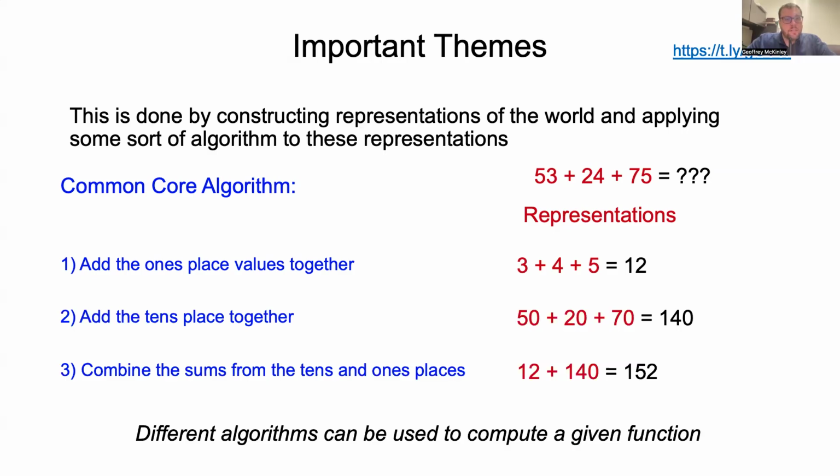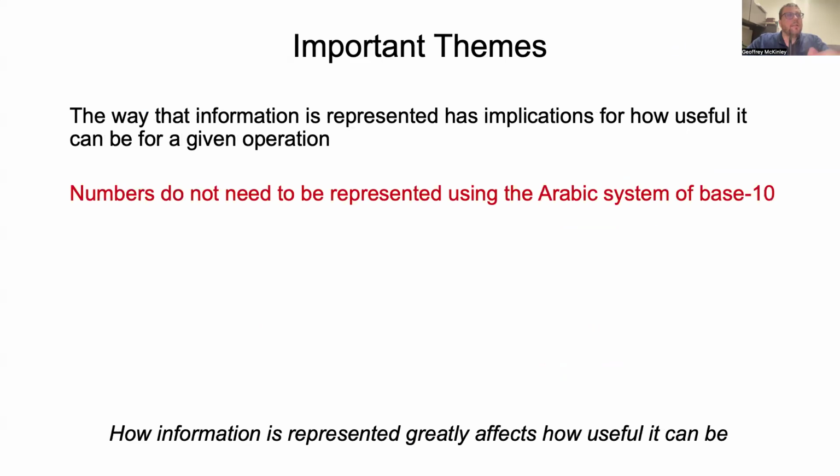And this is important, right? The thing that I want you to realize is that not only can we use different algorithms, but the way in which we represent certain information has implications for how useful that can be in a given operation. So, we represent numbers using the Arabic system of base 10. In fact, a lot of math comes from the Arab world.